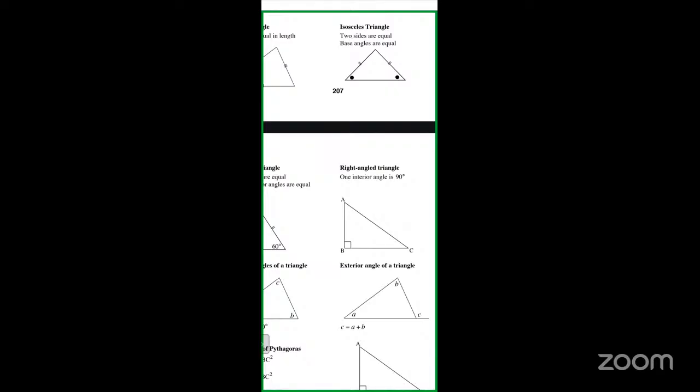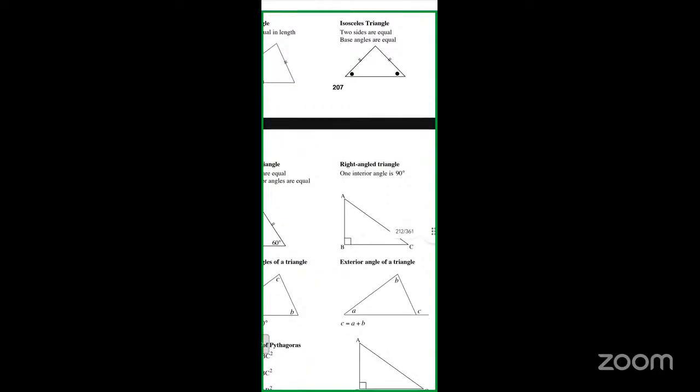Then an obtuse angle is greater than 90 degrees but less than 180 degrees. The straight line is a line with an angle of 180 degrees. The reflex angle is greater than 180 degrees but less than 360 degrees. And the revolution, which we talked about earlier with angles around a point, is 360 degrees.